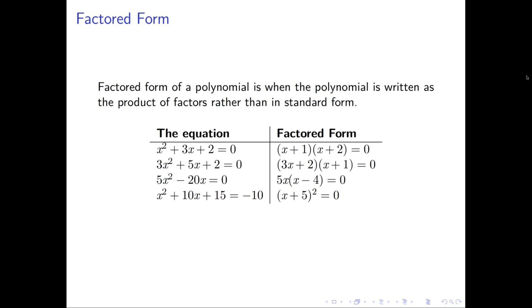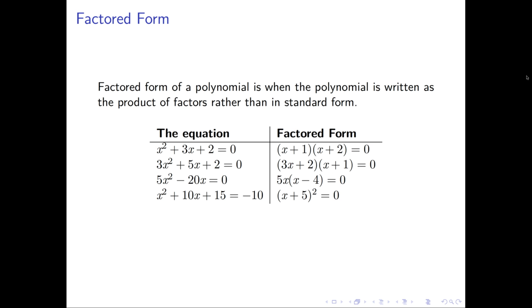Now this equation, the one on the left, is not quite in standard form. In order to factor this and in order to make using the zero product property work, the right-hand side of the equation has to be equal to 0. So before continuing, you would need to add 10 to each side of this equation.